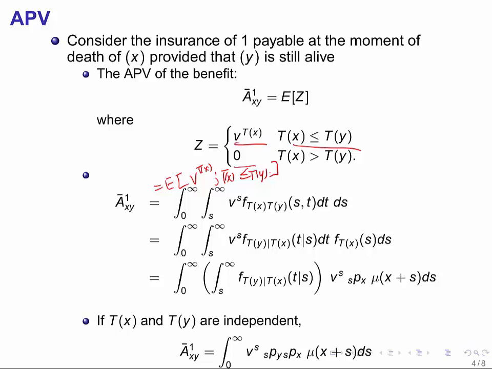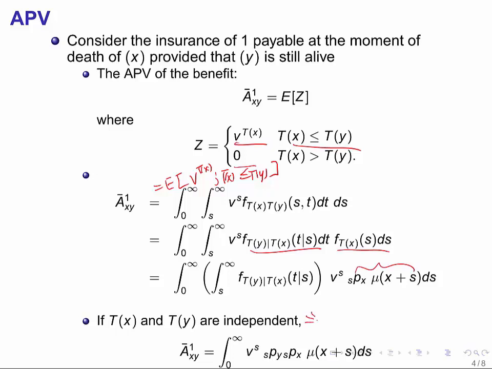And again, write the joint probability density function in terms of the conditional density function times the marginal density of the condition. And again, we can write little f for capital T_X as the survival probability for capital T_X times the force for capital T_X. And for the conditional density, when capital T_X and T_Y are independent, we can drop the condition.